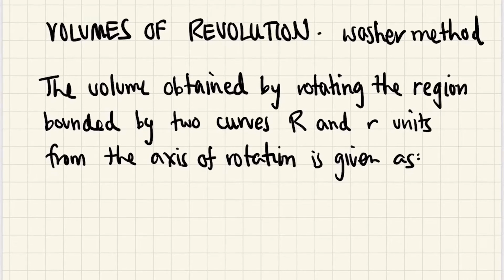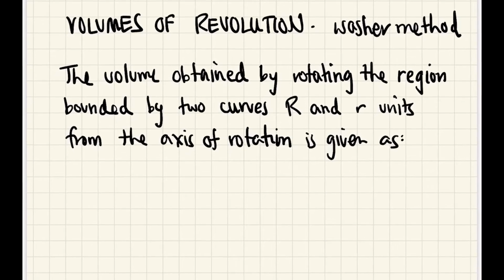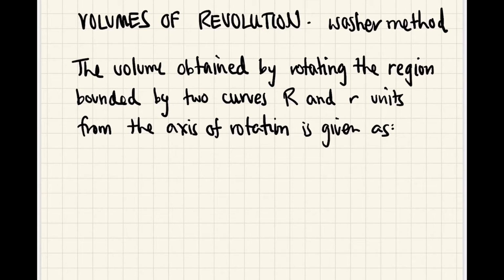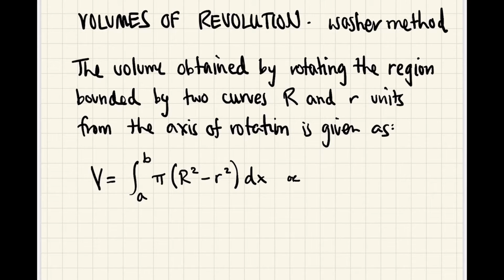All right, and as before, there are two versions of this, depending on whether you are integrating with respect to x or integrating with respect to y. So for integrating with respect to x, we integrate from, say, a to b, pi times capital R squared minus little r squared dx, or from c to d, dy.